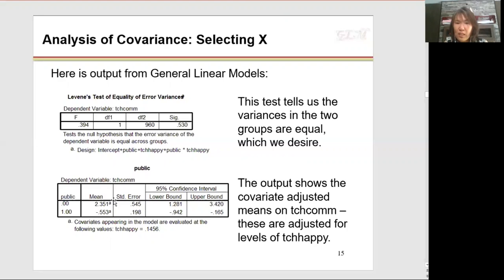Teacher community for private school is 2.35. Teacher community for public school is minus 0.553. Does this make sense? And what about the 95% confidence interval?